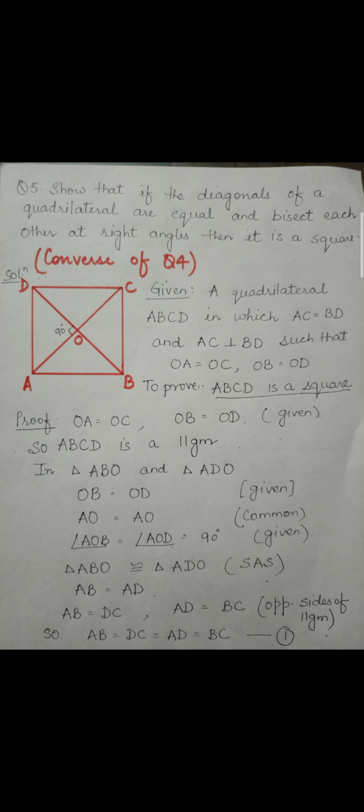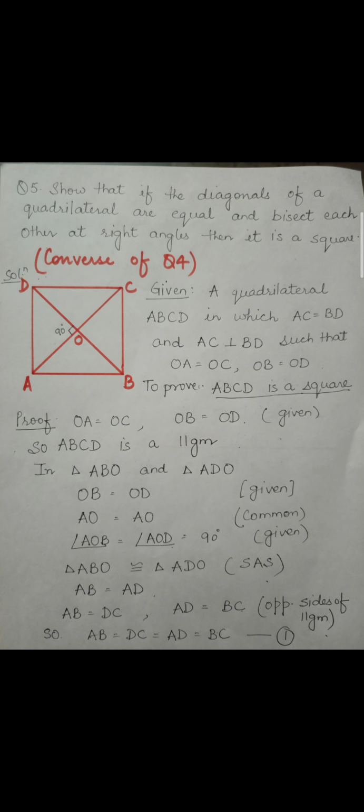So we are using triangle ABO. When we have to prove adjacent sides are equal, we normally take adjacent triangles. So we are taking here triangles ABO and ADO. Here OB is equal to OD.